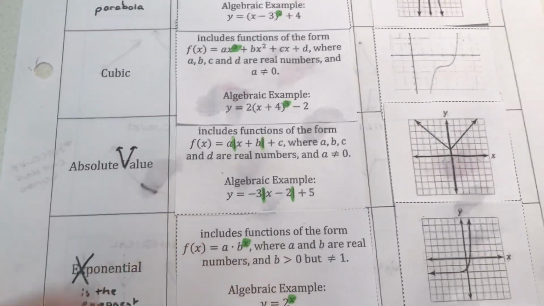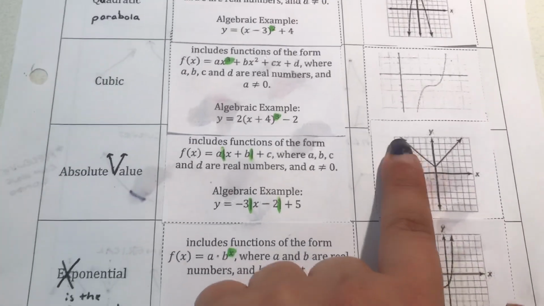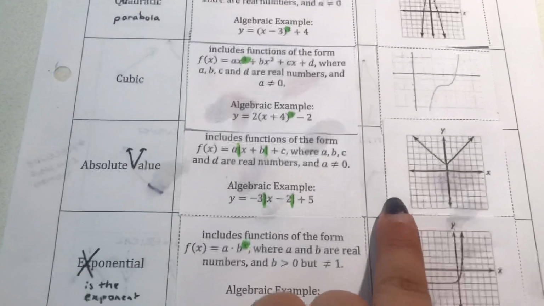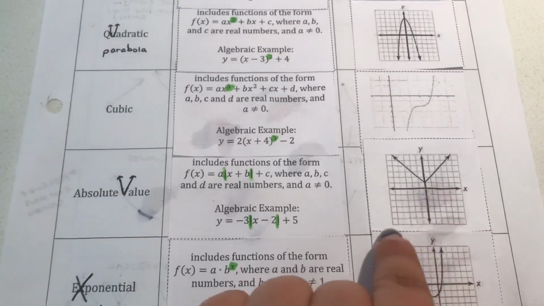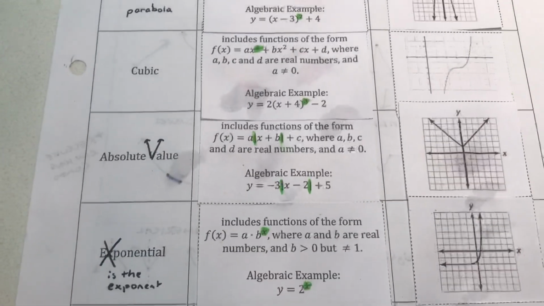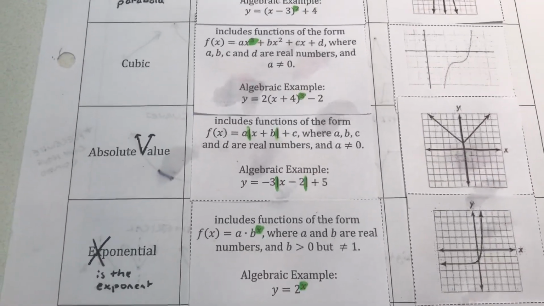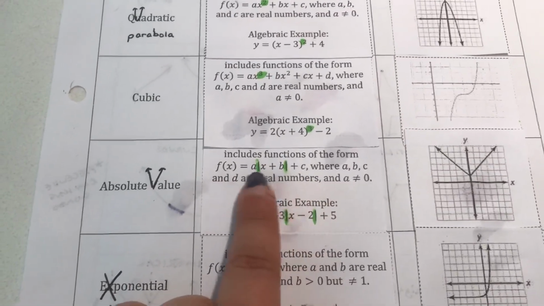Absolute value will be somewhere on the graph shaped like a V, either opening upwards or opening downwards. It can be on the axis, it can be off the axis. You just need to know that it'll be shaped like a V. And in the equation, you have these 2 straight line brackets.